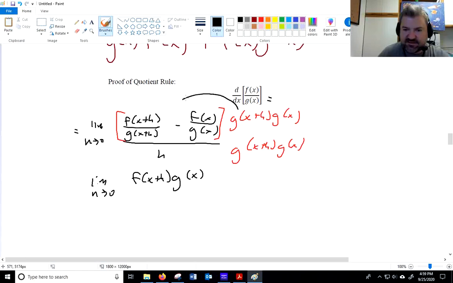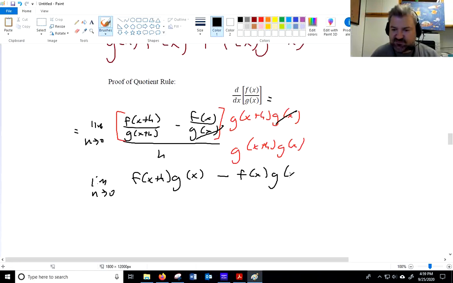Because when I multiply that here, the g of x plus h and this g of x plus h will cancel. So I have f of x plus h times g of x, right? Now, over here, when I multiply here, it's the g of x's that will cancel. And I'll have f of x times g of x plus h.